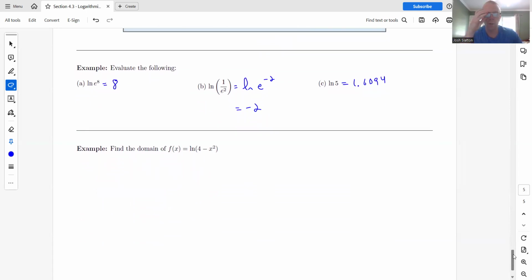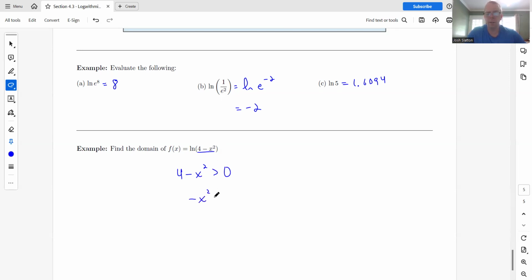We're not going to worry about graphing this one, but it is fairly easy to find the domain of any logarithm function, because you can only take the log of a positive number. So whatever is in here has to be greater than 0. To find the domain of any log function, all you need to do is set what you're taking the log of greater than 0, and then solve the inequality.